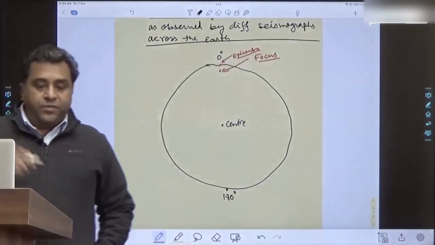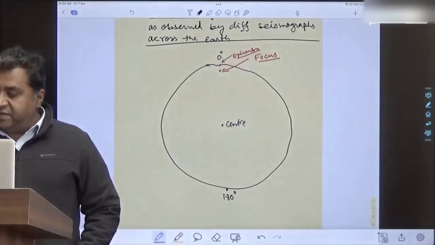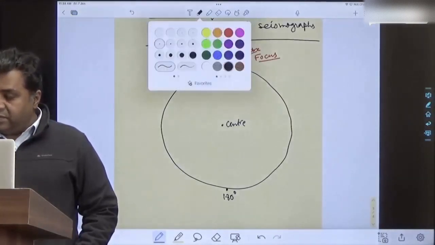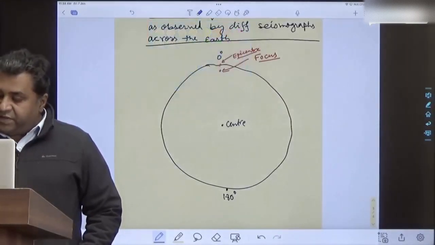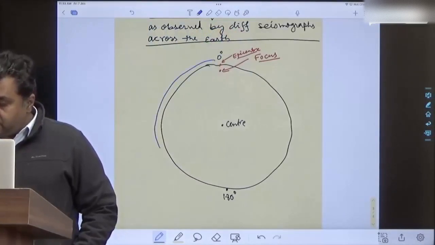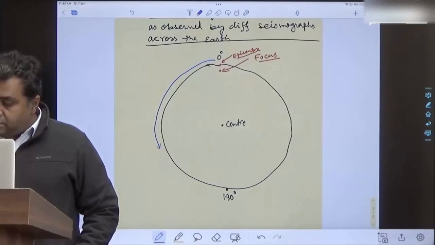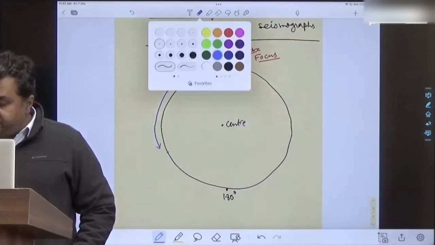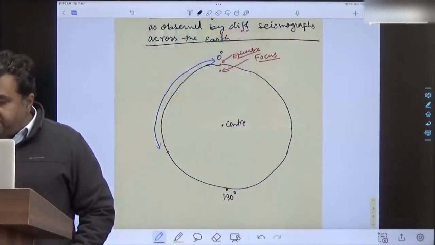Now, what we observe is that S waves reach the surface of the earth from 0 degree up to, S wave, first draw, then I'll dictate.